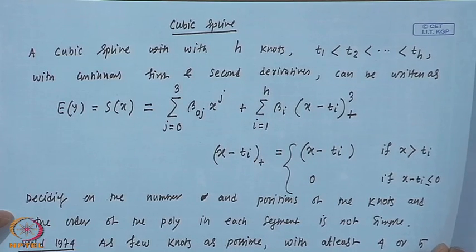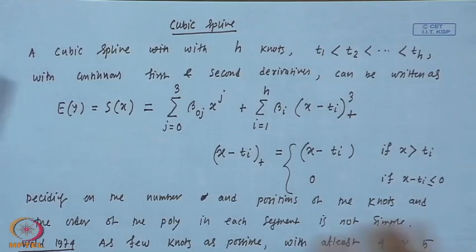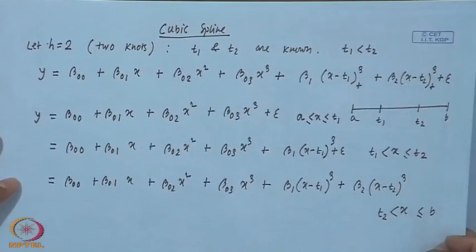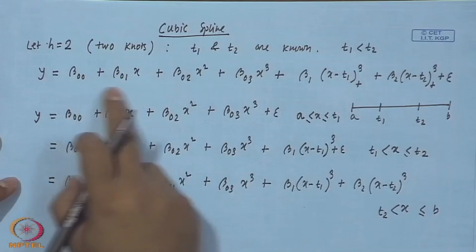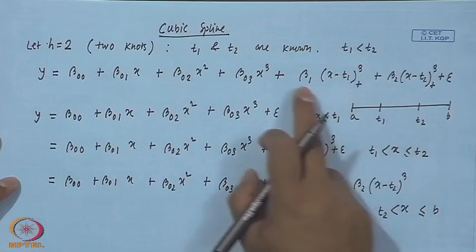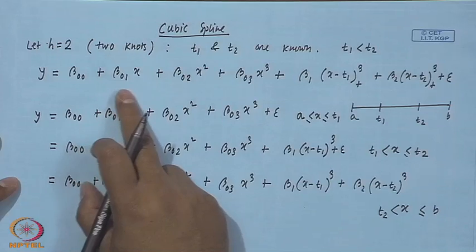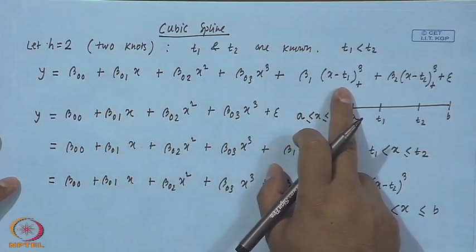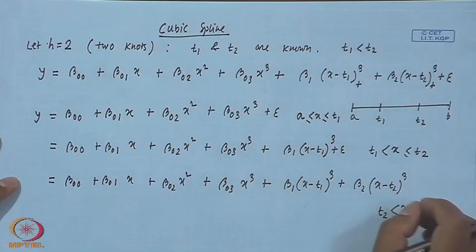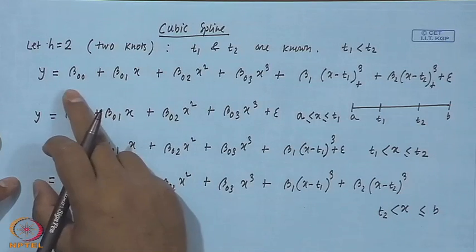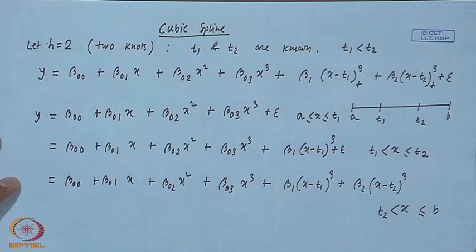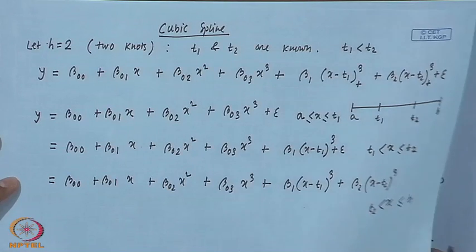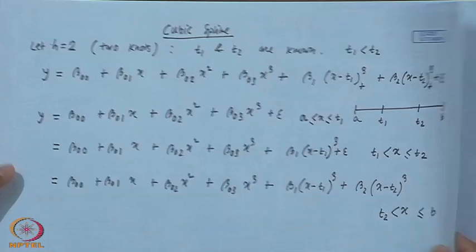Now, given a model like this involving 2 knots, we should be able to fit the regression coefficients, because this is nothing but a multiple linear regression model. Okay. And so, we should be able to estimate the regression coefficients. Let me talk about that a little bit. What is the X matrix and all these things.